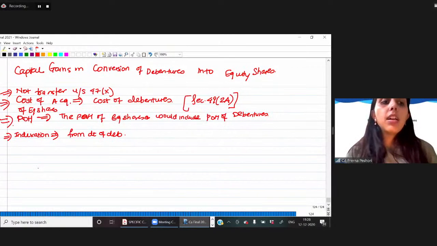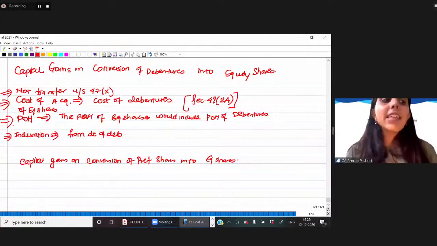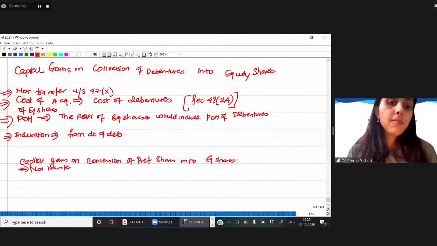Similarly, on capital gains on conversion of preference shares into equity shares, in this case also, this would not be regarded as a transfer under section 47.